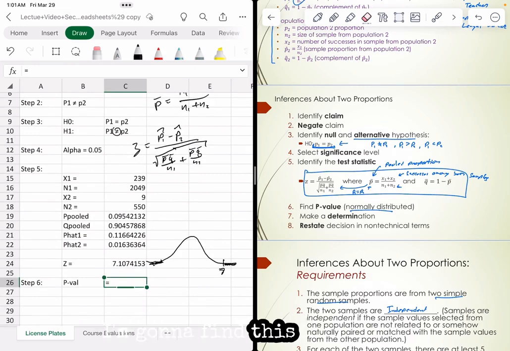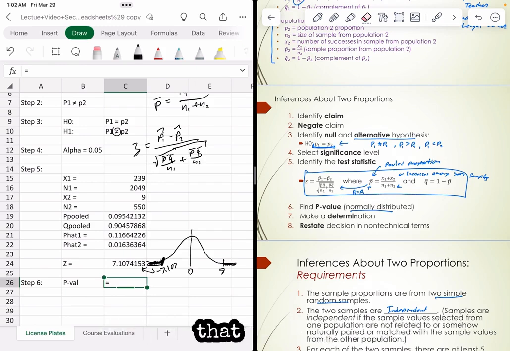I'm going to find this area first and I'm going to double it. Now the z value corresponding to that area is negative because it's less than the mean, which is 0. Z values are always standard normal, mean of 0, standard deviation of 1. So I'm going to use negative 7.07. It's exactly the opposite of this one. And I'm going to find my area to the left using norm.dist.